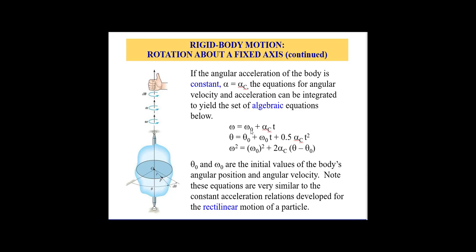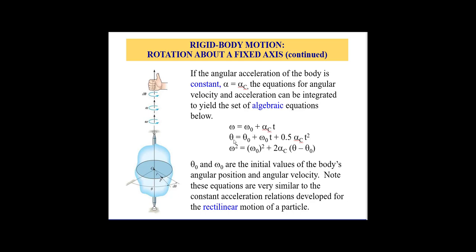So this is your initial angular velocity, and that's your constant angular acceleration. So the angular velocity at any time equals the initial angular velocity plus the angular acceleration, which must be constant, multiplied by the time elapsed.